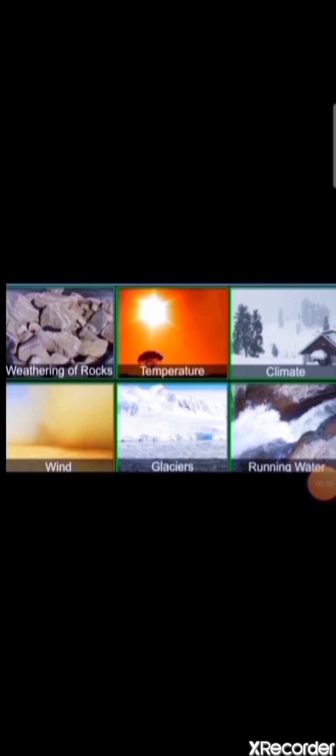Chemical and organic changes which take place in the soil are equally important, and soil also consists of organic and inorganic material. Humus is an organic material.